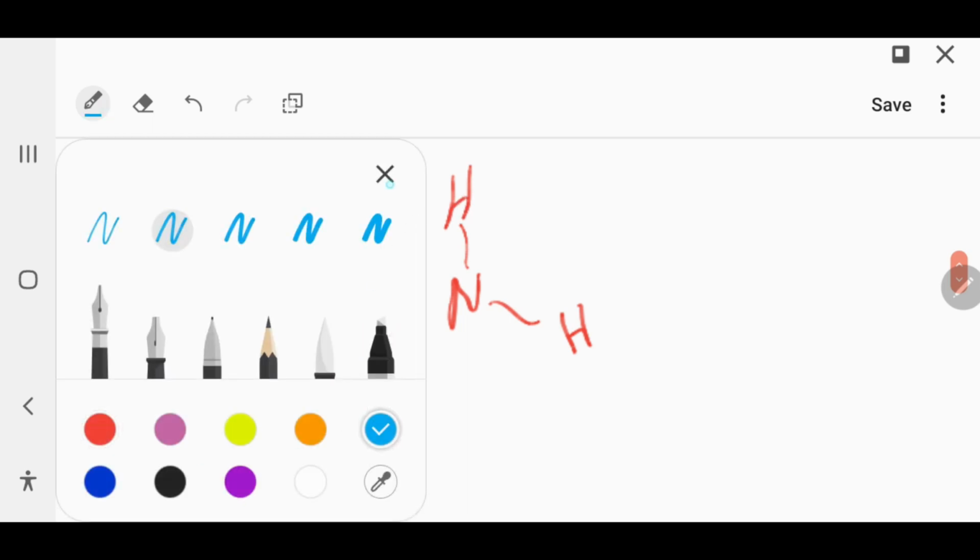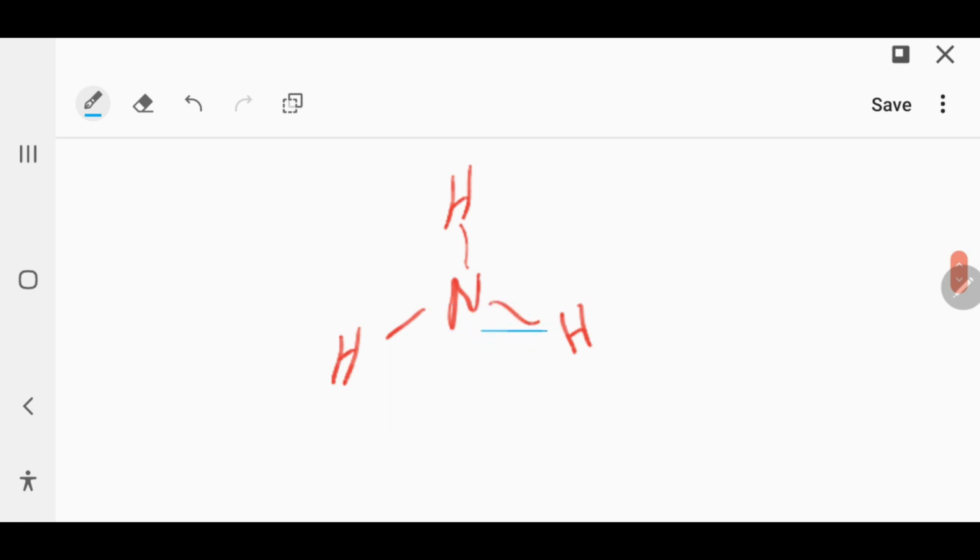If we draw it again, we will have N, H, H, H. And you could think that this is triagonal planar, and the most suitable location for the electrons is here. But if we put the electrons here, don't forget that here we have electrons and we have electrons here, and finally we have electrons also here. So repulsion forces will happen between this bond and this bond with this pair of electrons.